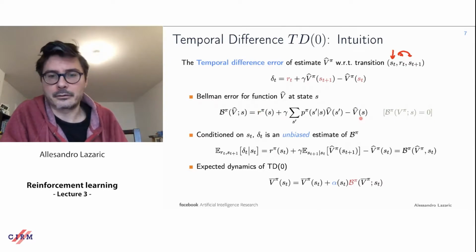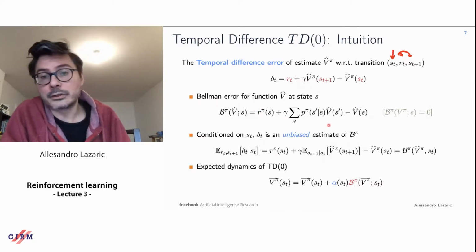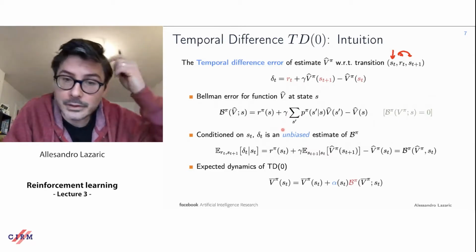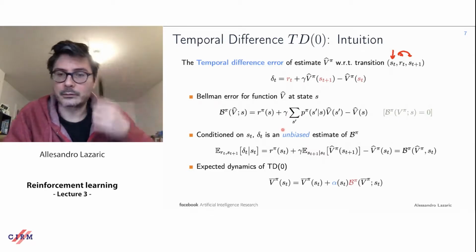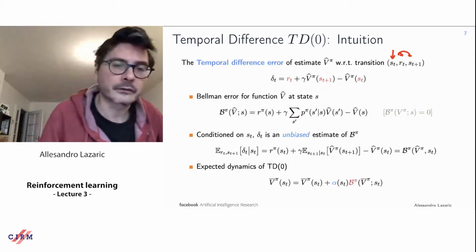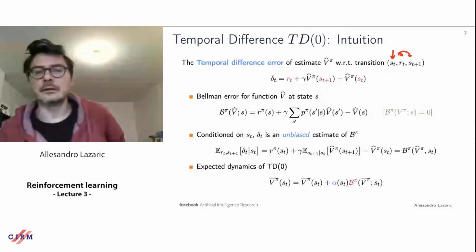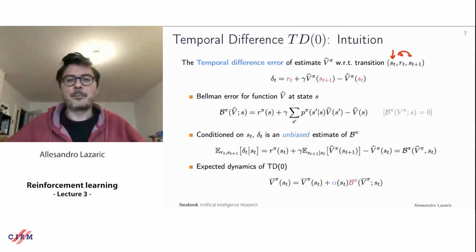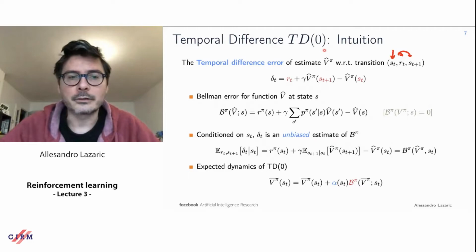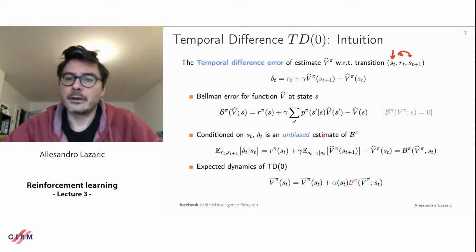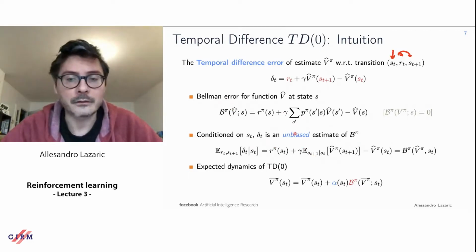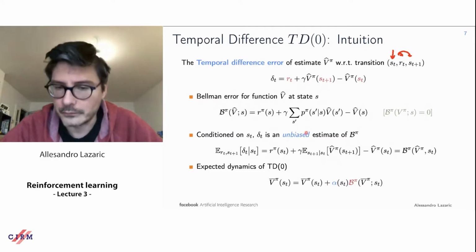And so if I knew the true Bellman error, then it would be trivial to solve the problem because I could just find which function drives this to 0. But okay, since I cannot evaluate the Bellman error exactly, I have an estimate. This estimate is unbiased, which means that overall I'm doing something reasonable.